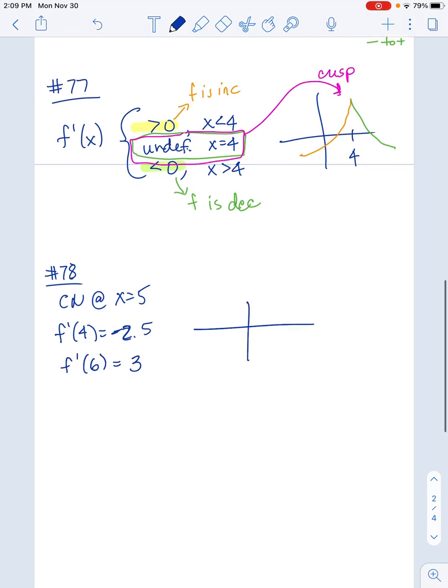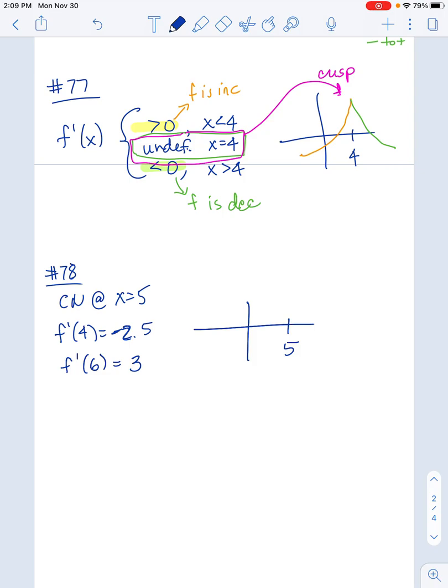So it has one critical number at 5. That means either the derivative doesn't exist or it equals 0. F prime of 4 is negative 2.5, and f prime of 6 equals 3.